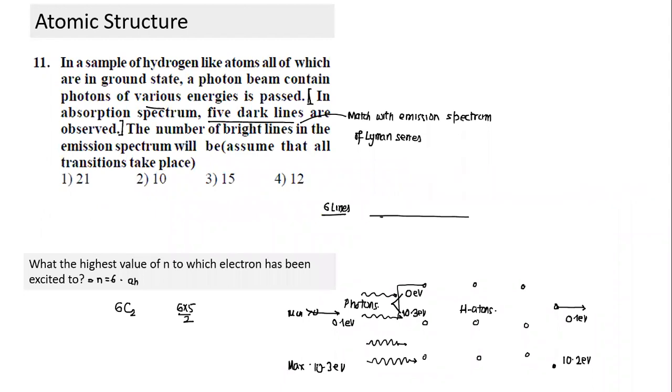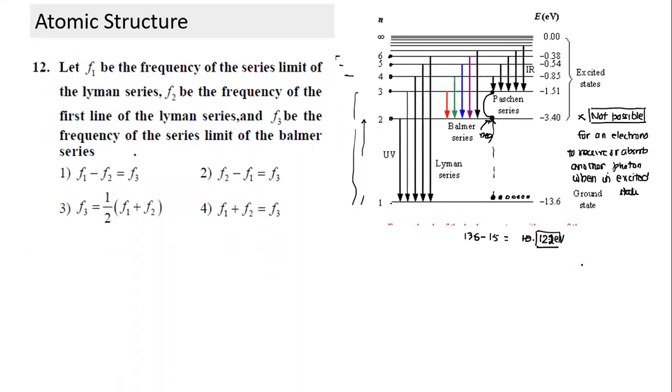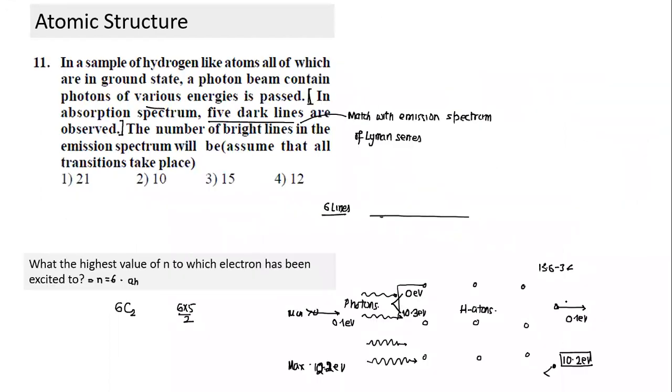Anyone understand what will happen if I use energy which is 12.2? I'll find only two types of photon missing. Which two photons will be missing? 10.2, and the next one will be 13.6 minus 1.5.